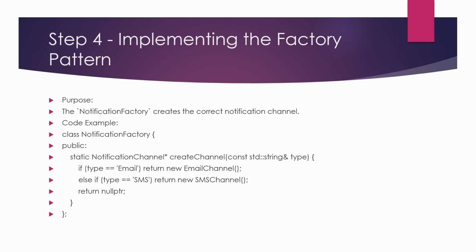In step 4, we implement the factory pattern. The notification factory class will create instances of different notification channels based on input. This pattern helps us decouple the logic of creating channels from the rest of the system, allowing us to add new channels easily.